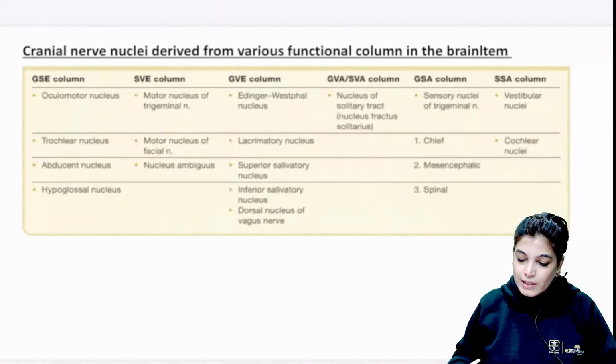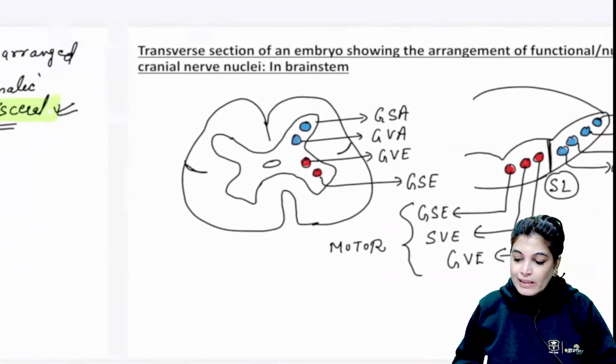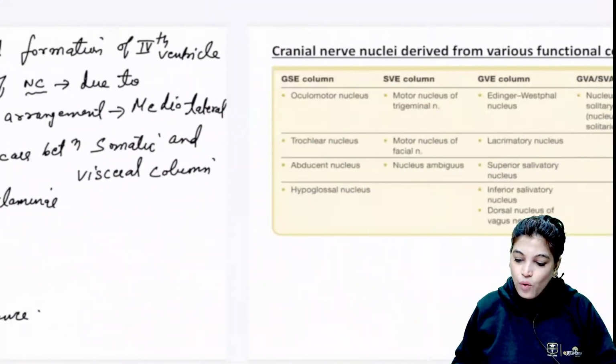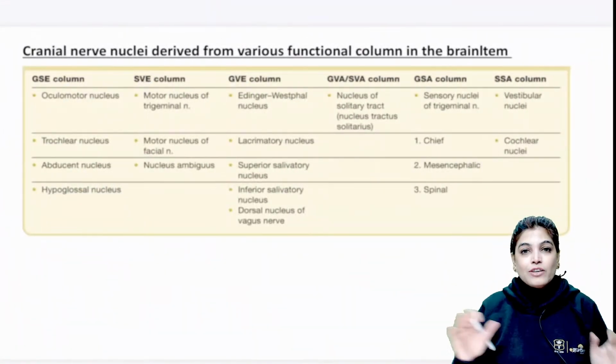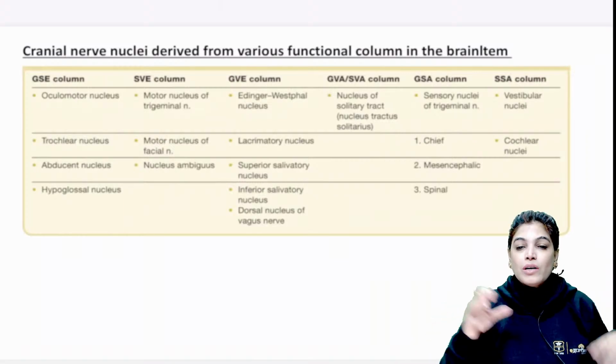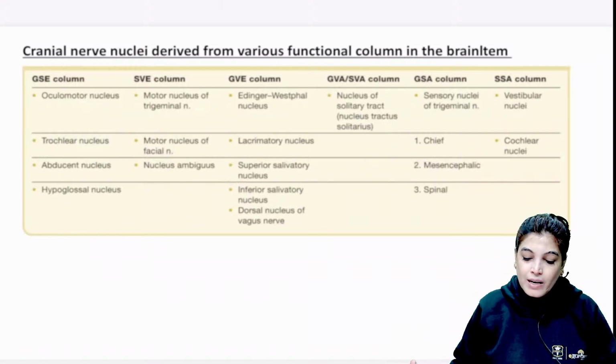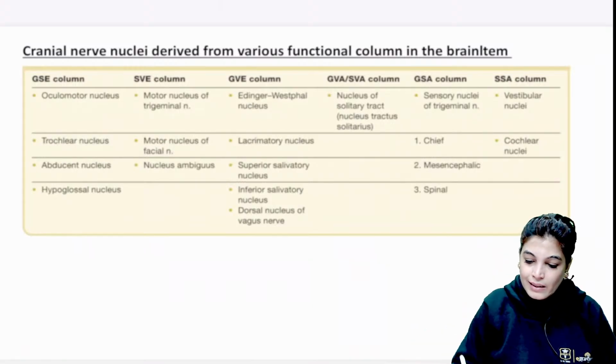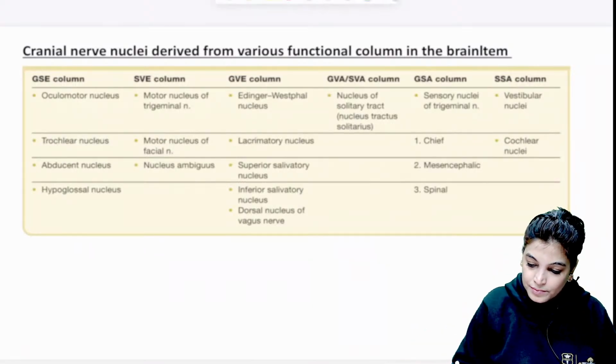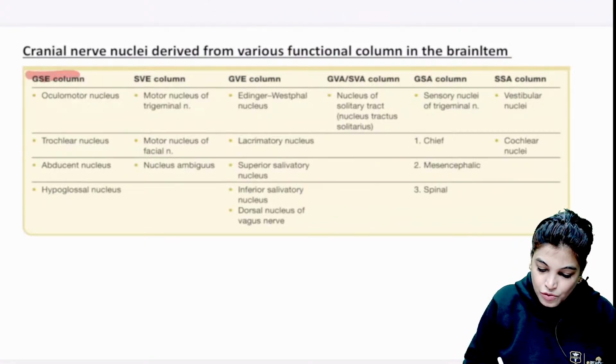Okay, my dear students, till now we have understood. Now further I want you to understand the arrangement of the functional columns and how the functional columns further break down into cranial nerve nuclei. So till now we know these 3 are motor. I will use red color for the motor.